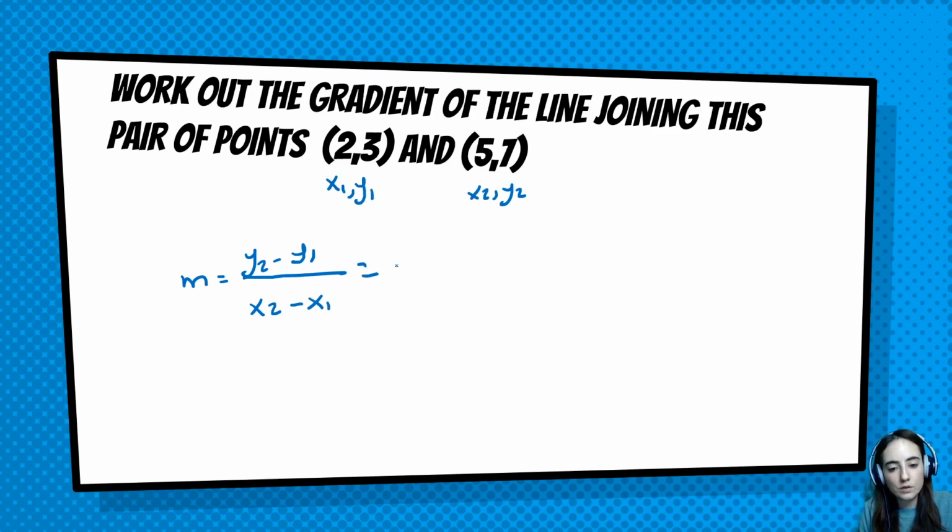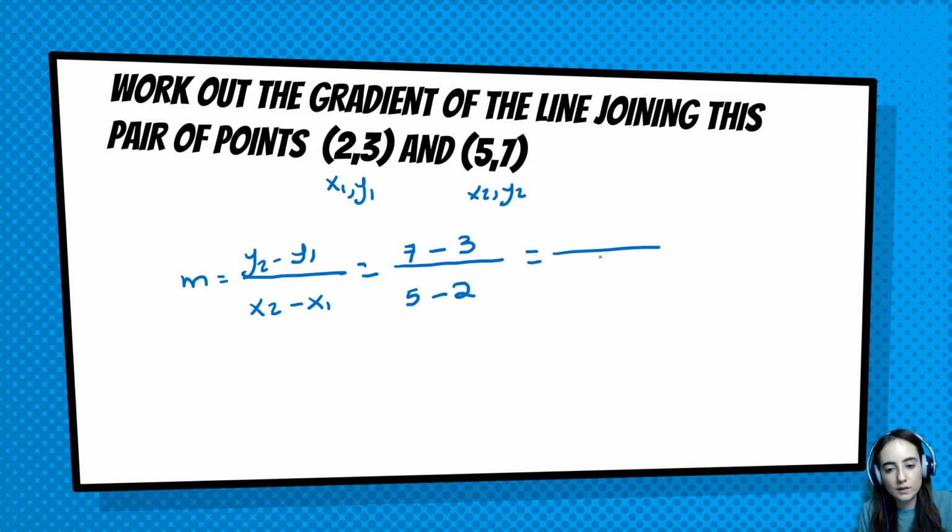Now let's substitute our points very carefully. y2 was 7, minus y1, which was 3. Remember, minus, plus, make a minus, which is why I haven't changed it. Then x2 is 5, minus x1 is 2.